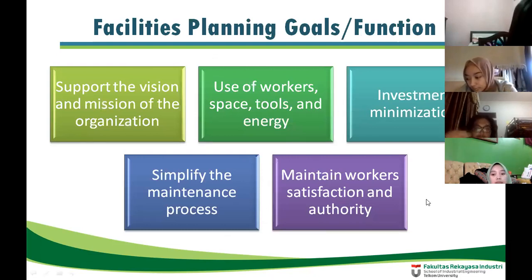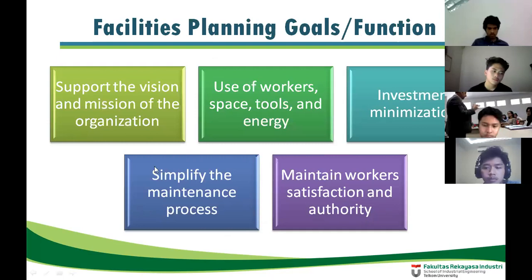You have to support the vision and mission of the company, use workers efficiently, and use energy and space efficiently. Then you have to minimize the investment, simplify the process, and maintain the satisfaction of the employee. I repeat the employee again and again because the employee should be treated very well.